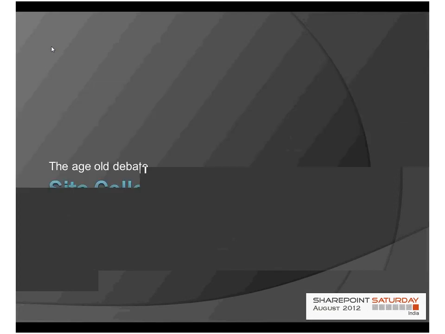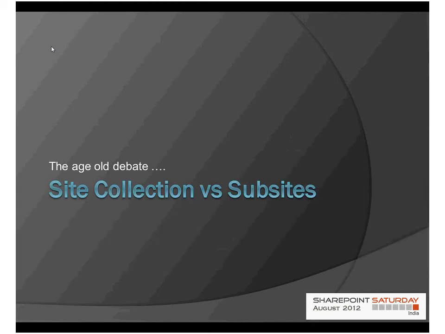Now, I was talking about data being split up into different site collections, which we've seen. This is a typical question that comes up once we plan to have large data in. Should I put all my information in one site or multiple sites?